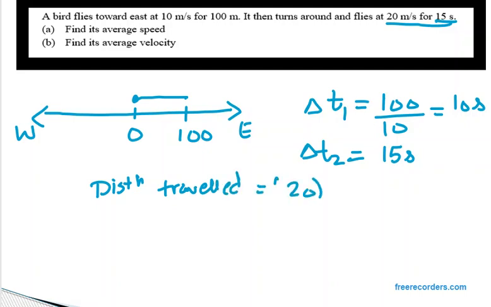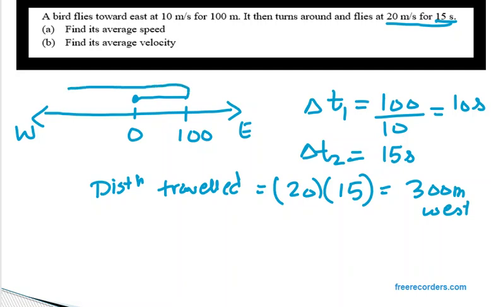The distance traveled is 20 times 15, that means 300 meter west. So the bird takes a turn and goes back 300 meter. That means from this figure I can say it is at minus 200.